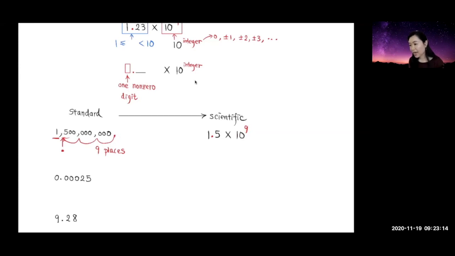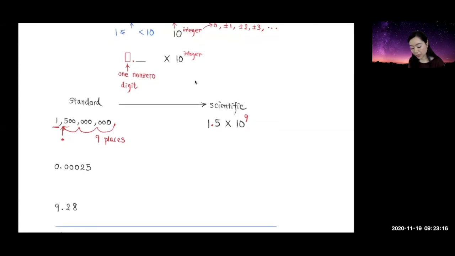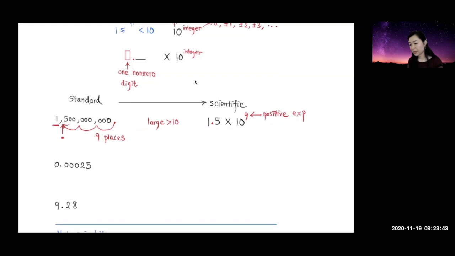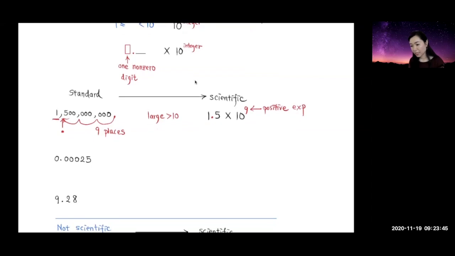So this is a large number. When I say it's a large number, I mean it is greater than 10. So if it's greater than 10, then notice that this is a positive exponent over here, positive integer exponent, positive 9.